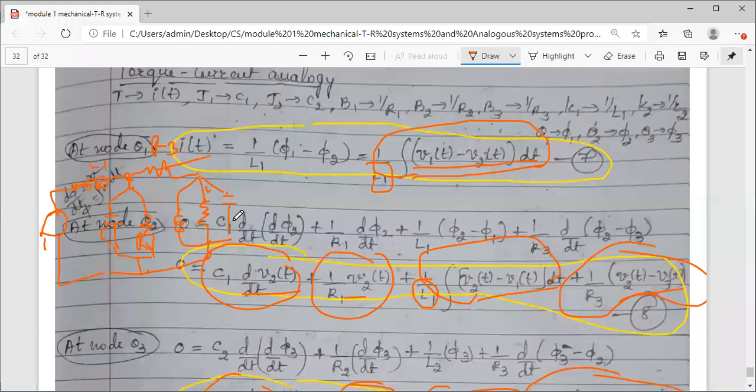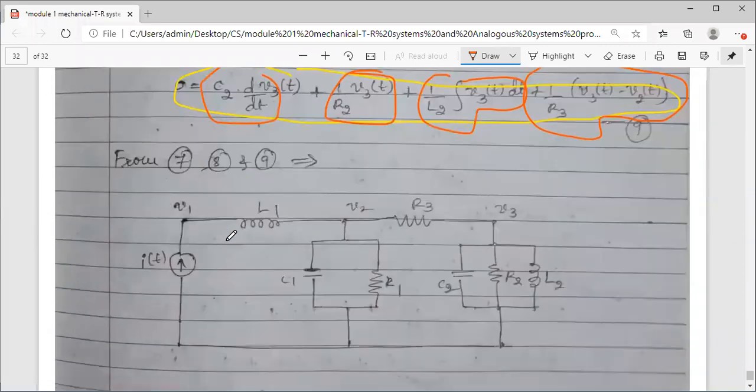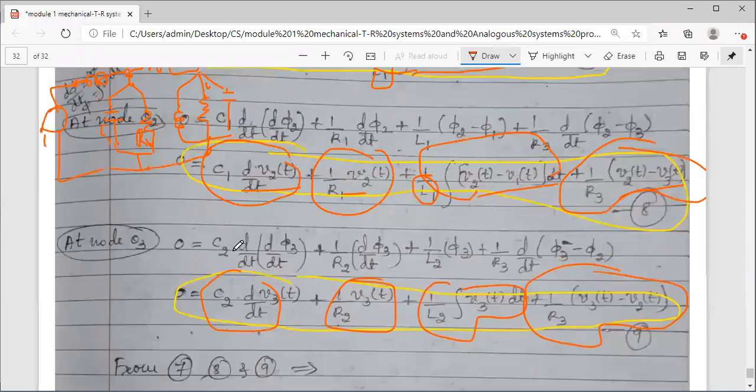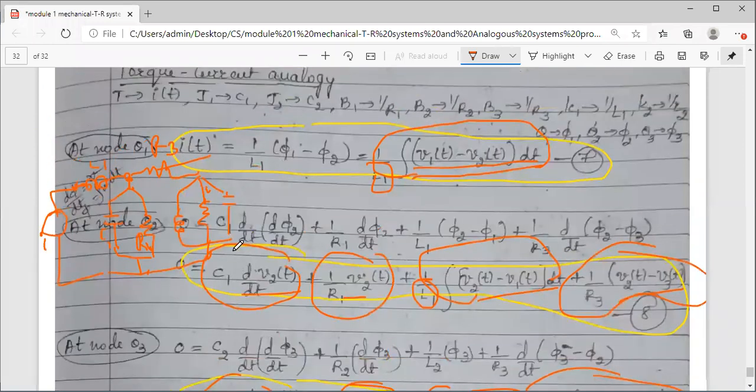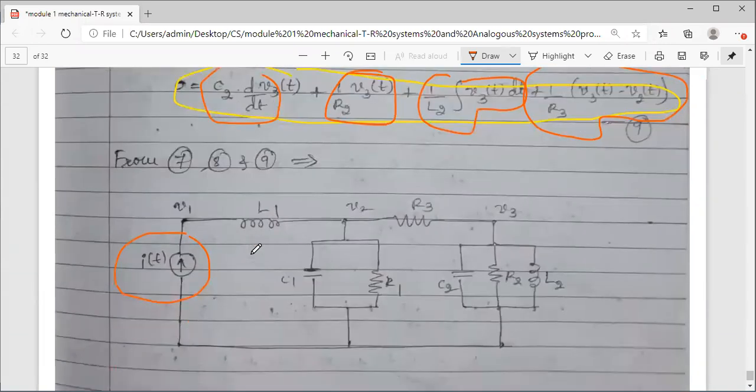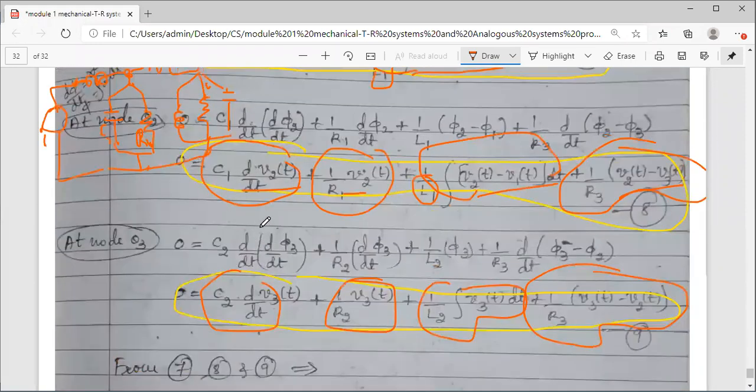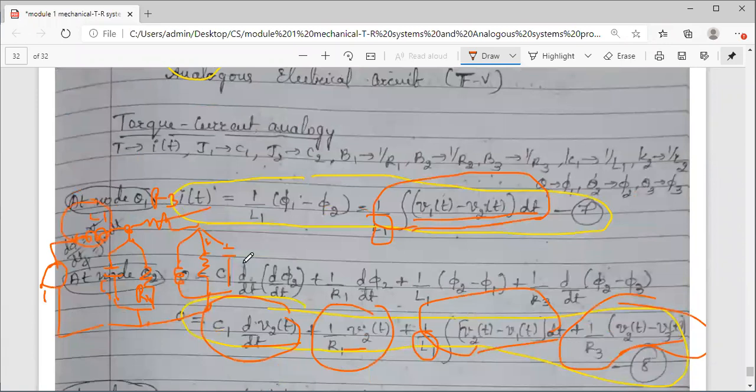So whatever rough sketch I have drawn, the fair sketch is here. Okay, any mistake I have done? Yes, there is a mistake in this circuit. I have drawn L1. No, it's fine. L1 is shared between V1 and V2.